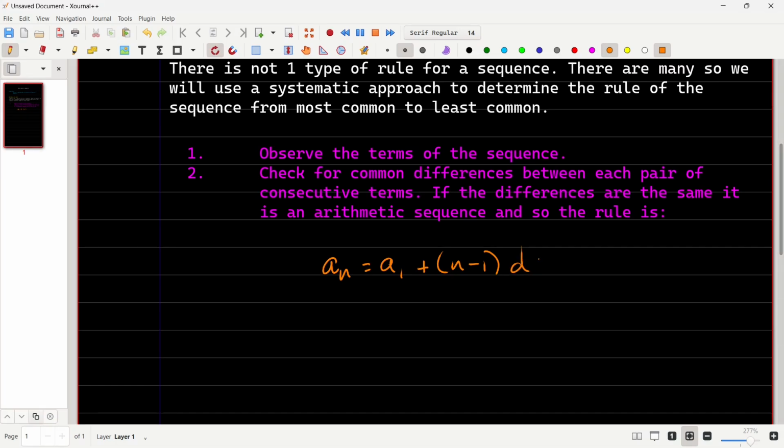All right, so this here is for you to determine the terms of a sequence. Let's define each of the terms here. This here would be the first term. This here would be the common difference.